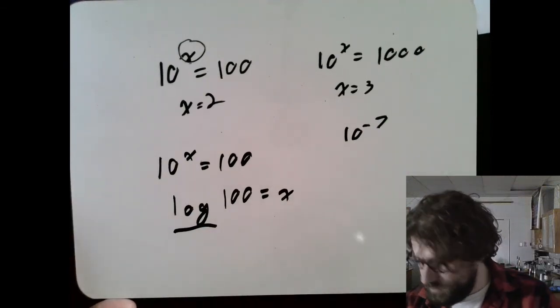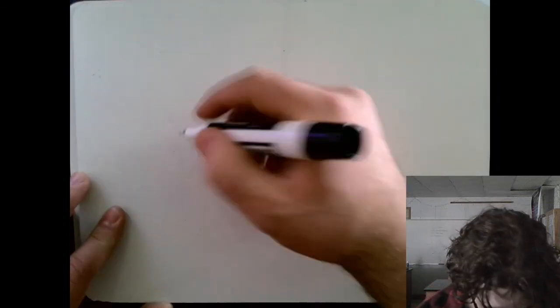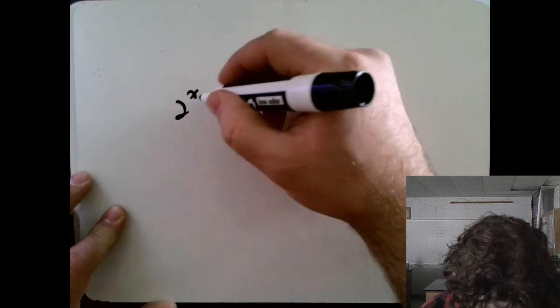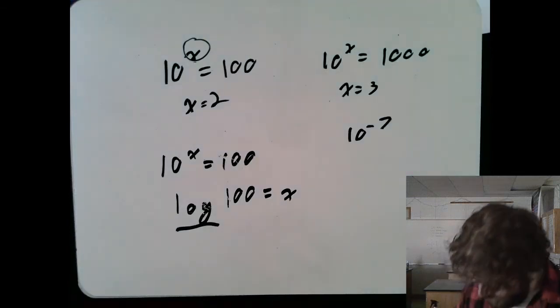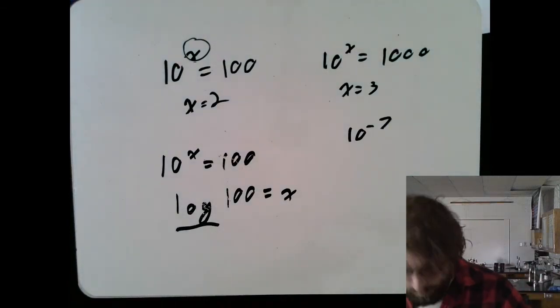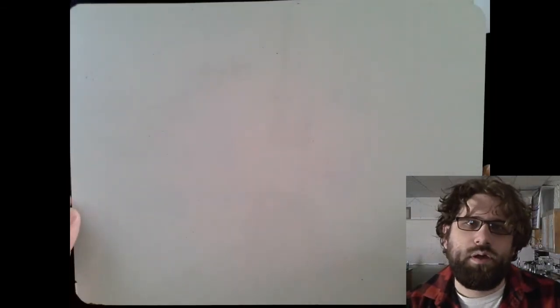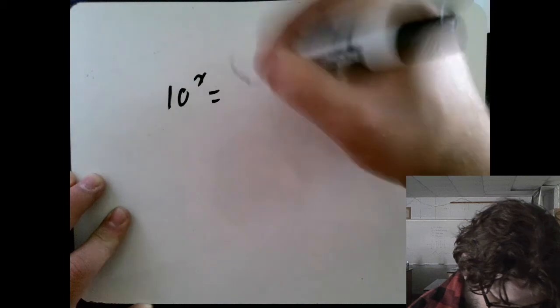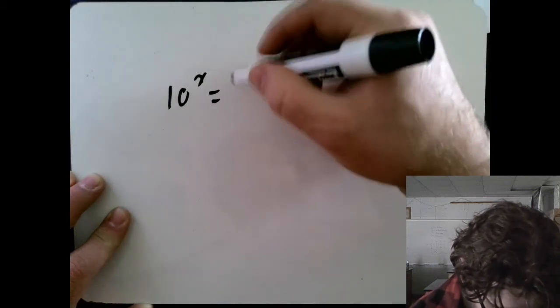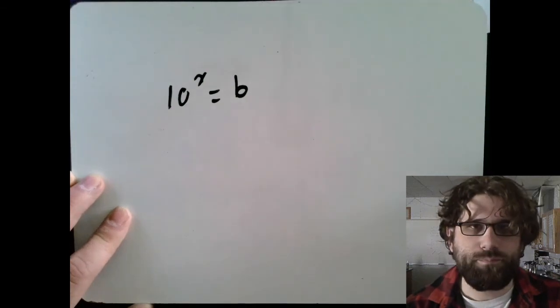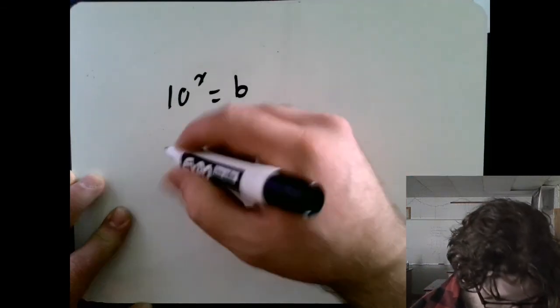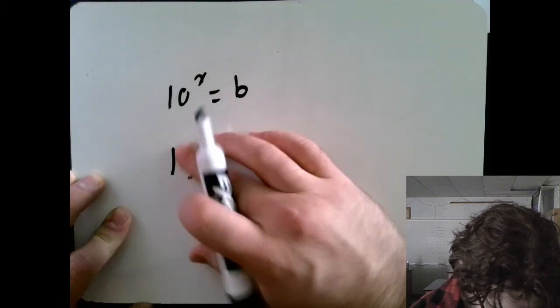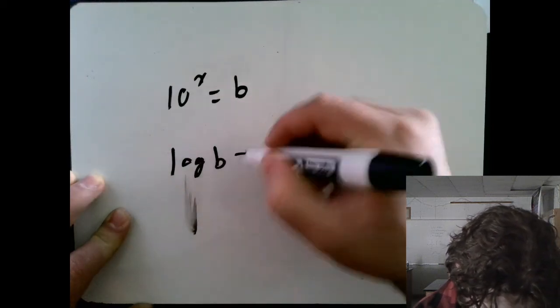So anytime you see something like 10 to the x equals whatever, let's just say b, just for a placeholder, then you're going to be able to take that and put log b into your calculator.